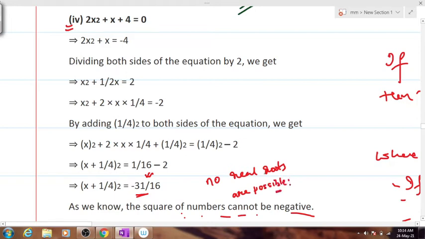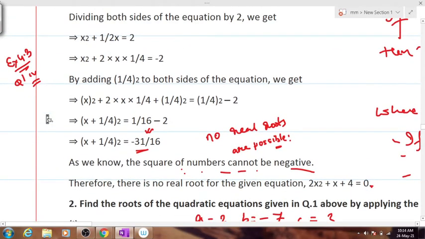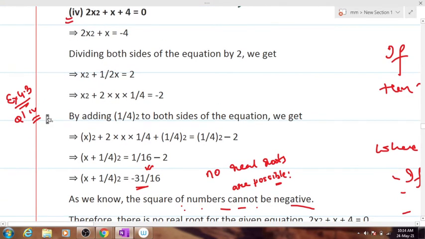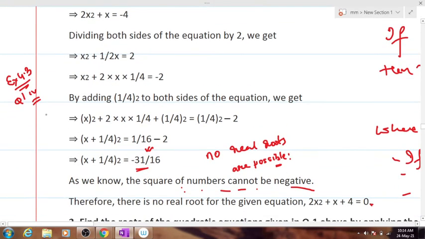Clear everyone? So this is exercise 4.3, question number 1, part 4. The answer will be no real roots for the given equation. Students who could not do it, kindly do it. I think the majority of you have done it till this much.